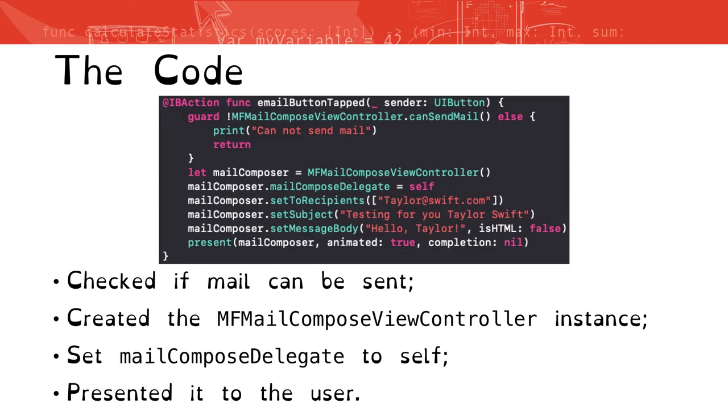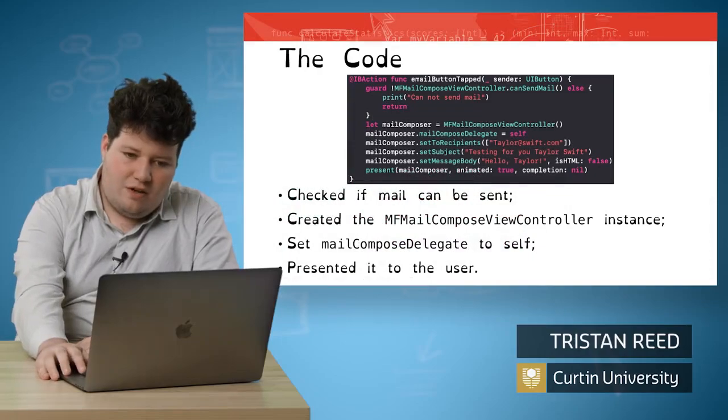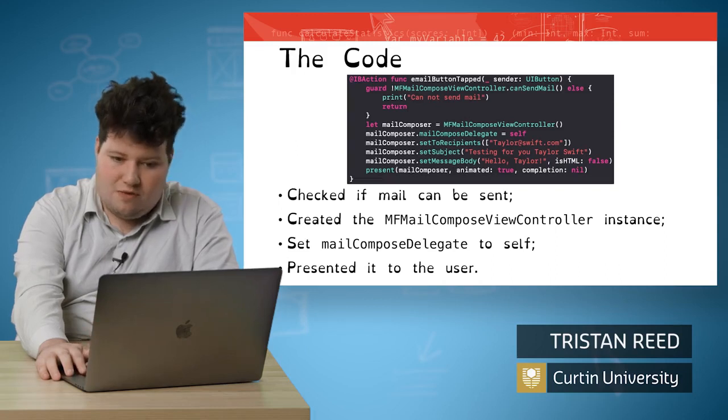It's going to be a plain old text message just saying, "Hello Taylor, hello world." And after that, it's just a matter of calling our present function. And because we've set the delegate, that'll take care of what happens when we dismiss it. But up comes the mail composer, and there we go. So we're going to take a look at what we do to dismiss the view on the next slide.